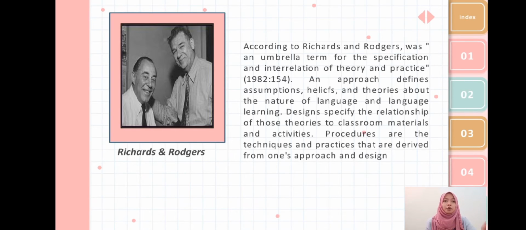So an approach defines assumptions, beliefs and theory about the nature of language and language learning. The design specifies the relationship of those theories to the classroom materials and activities. So from the expert, procedures are the techniques and practices, derived from one approach and the design.